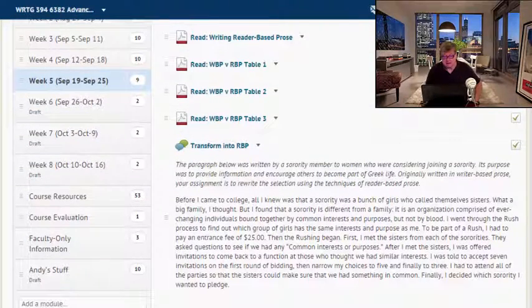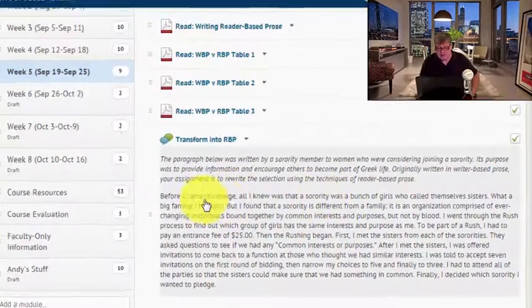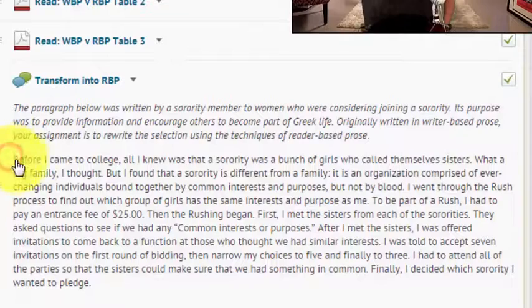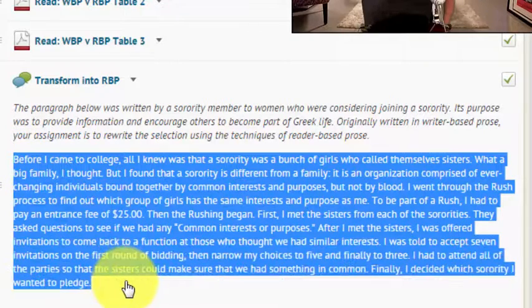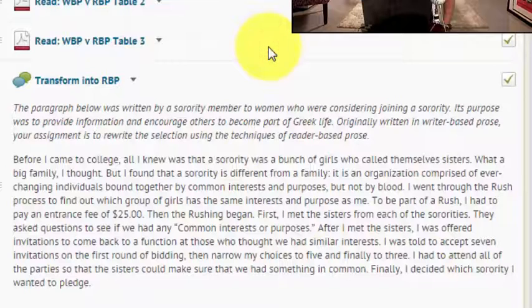Then here is your assignment for this week, and that is you're going to take this paragraph here, which is written in writer-based prose, I assure you, and you're going to translate it into reader-based prose.